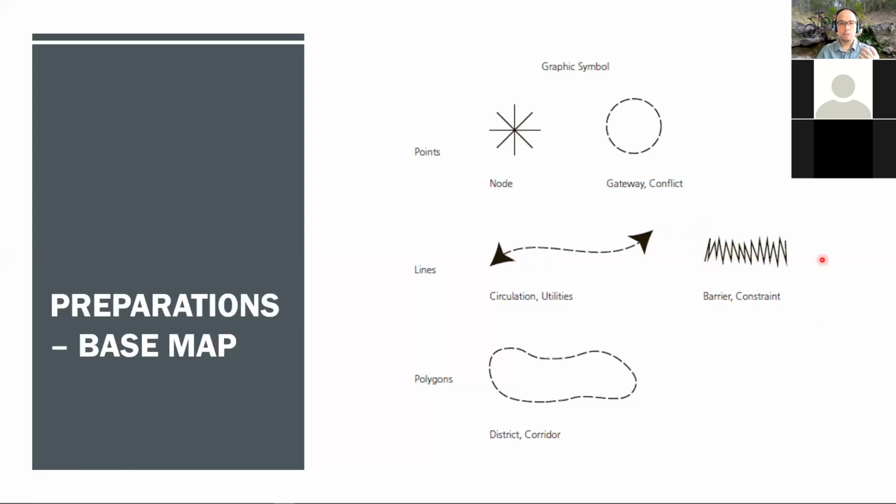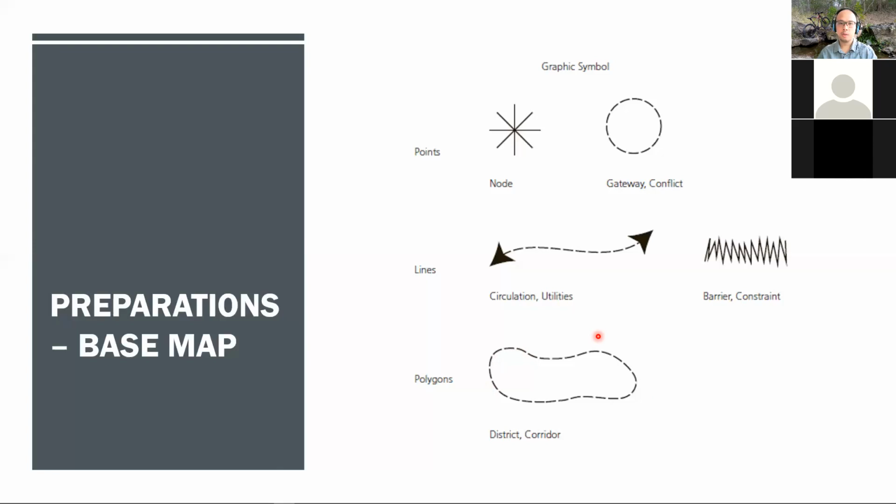You can scribble barriers, constraints, or possible or foreseeable issues. You can use polygons to delineate districts, certain clusters of vegetation, certain clusters of objects, or to represent bodies of water and so on.